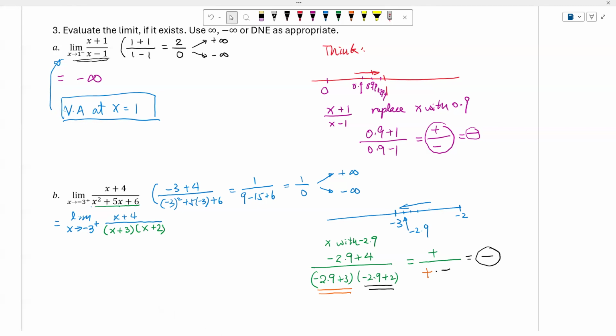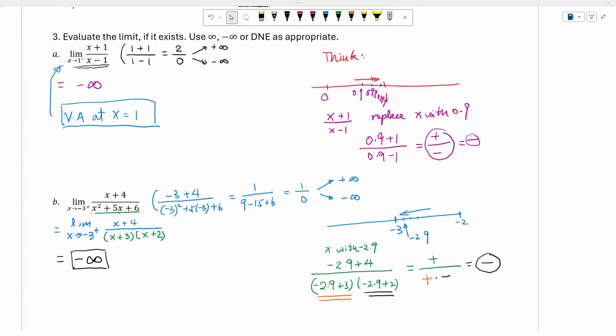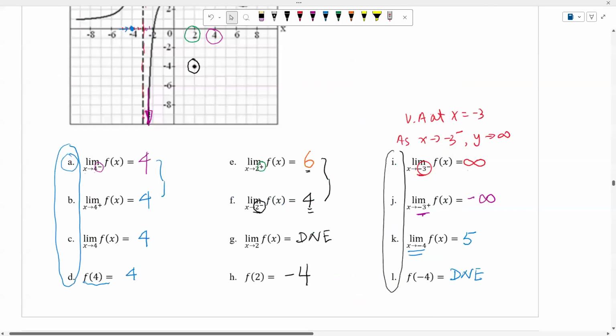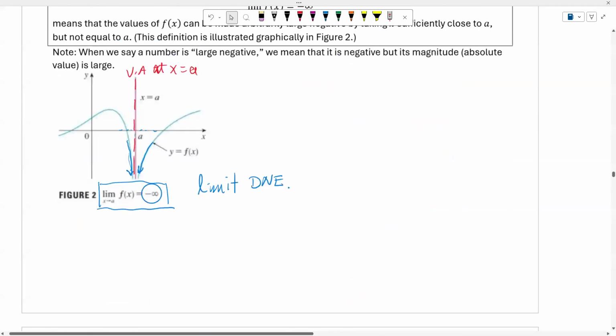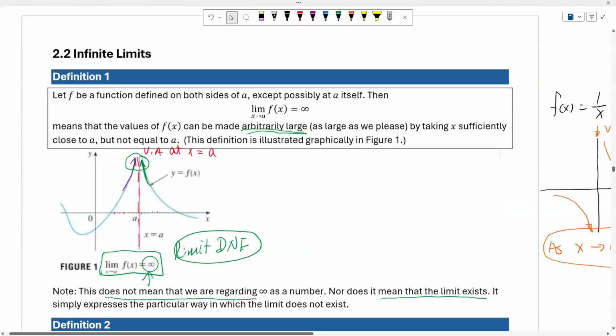That means my answer will be negative infinity. Okay, so now we are done with this lecture introducing the infinite limit.